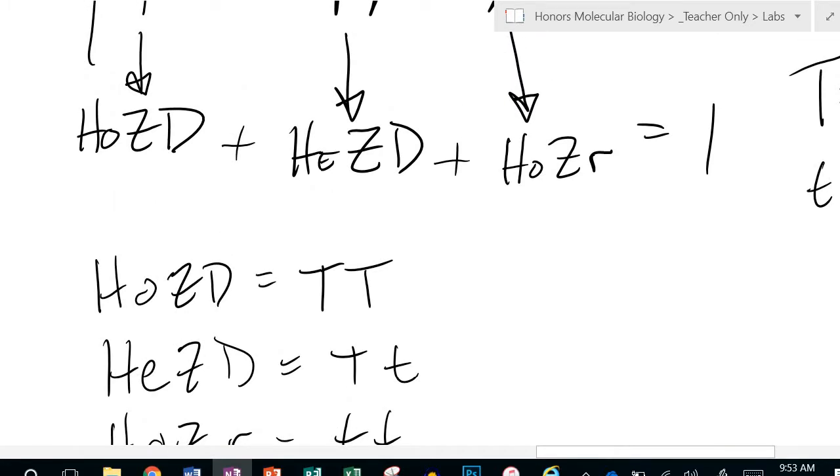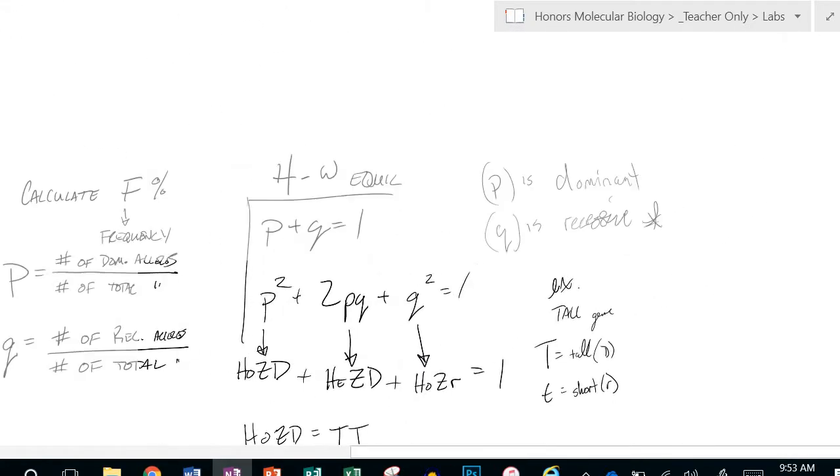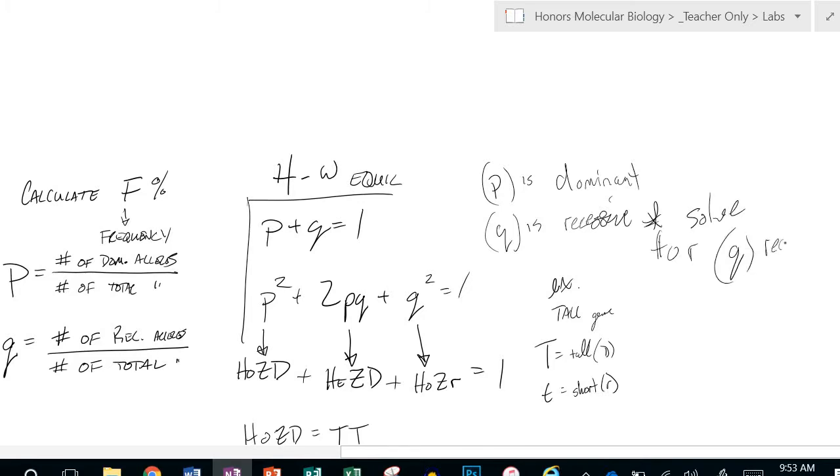This is where we have to remember that we always solve for Q, recessive, first. That's a rule of Hardy-Weinberg.